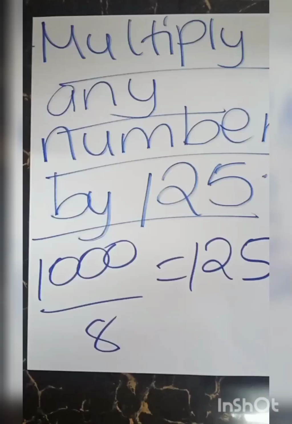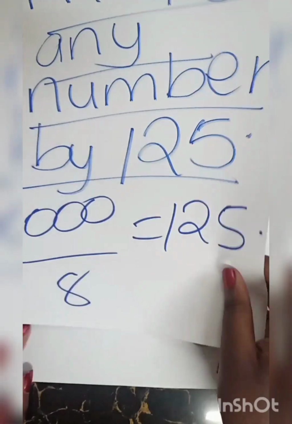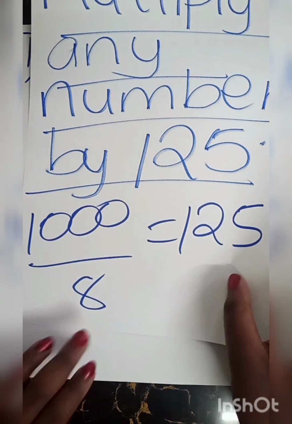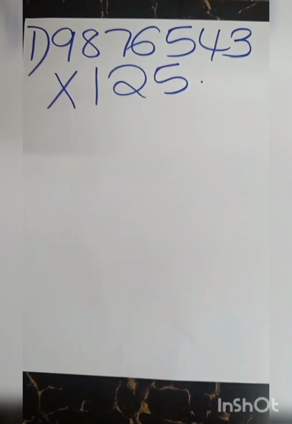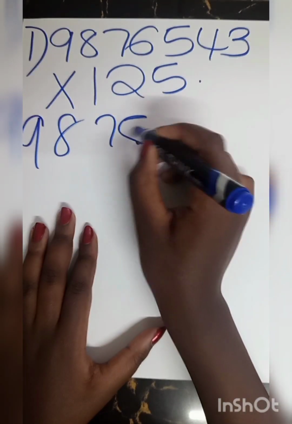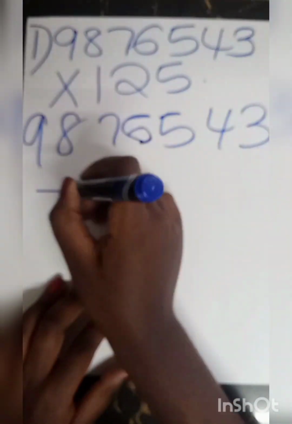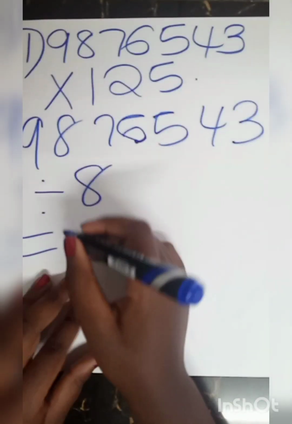If you're asked to multiply this number here, what do you do? So the first step is to divide this number by 8, okay? Because we've established that 1,000 divided by 8 is 125. So that's why we are dividing this number by 8, okay? So when you divide this number by 8, what do you get? When you divide this number by 8, you get this number here.